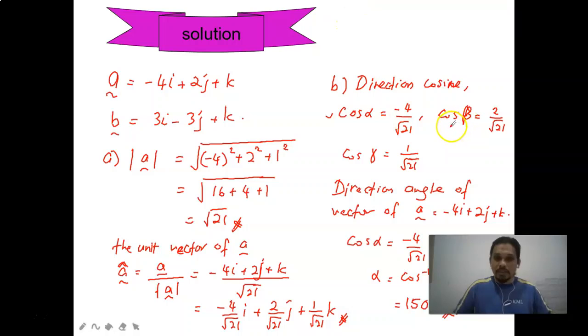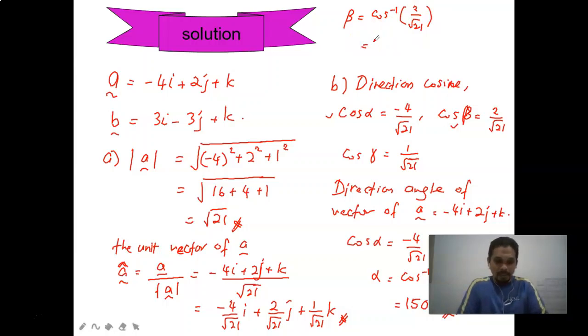Now look at this one here, cos beta equal to 2 over square root of 21. So then beta equal to arc cos of 2 divided by square root of 21.